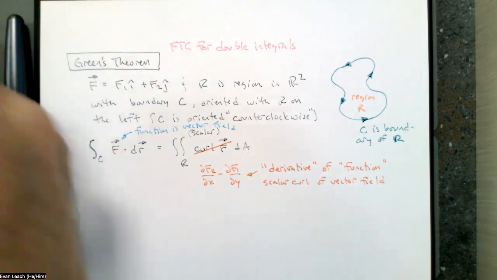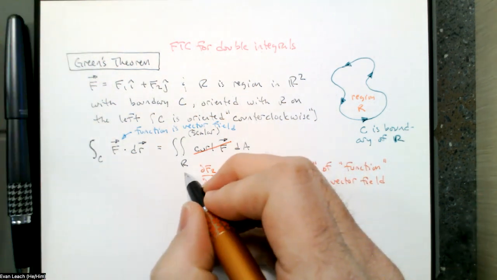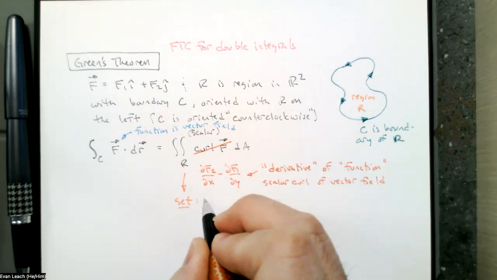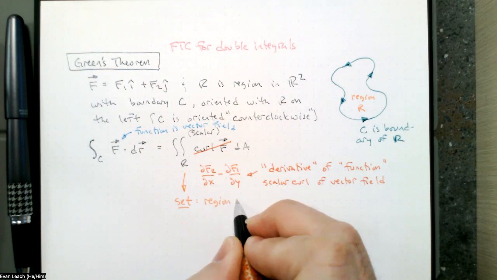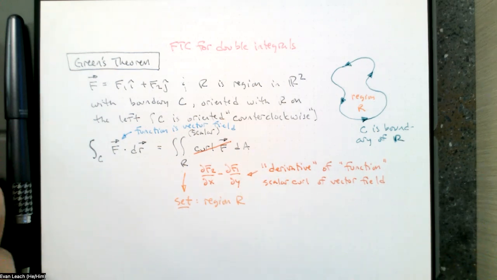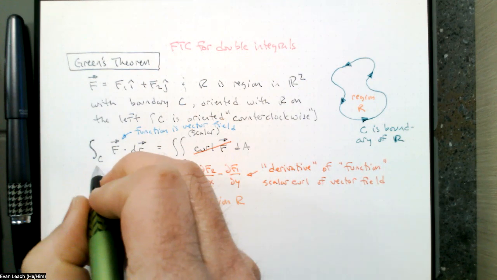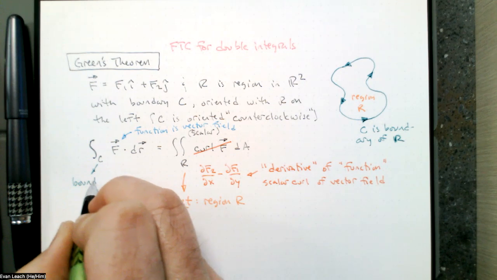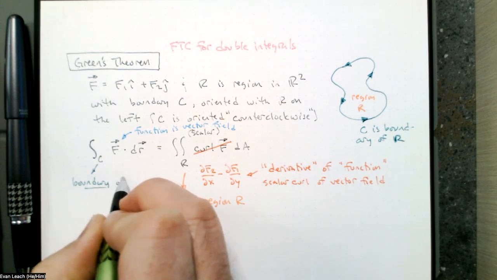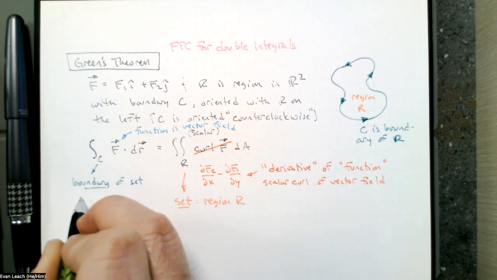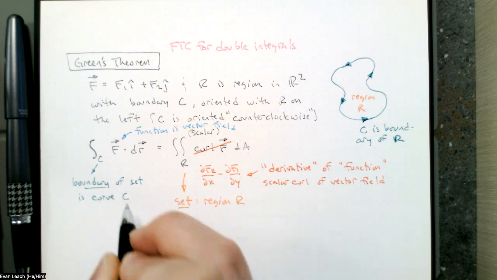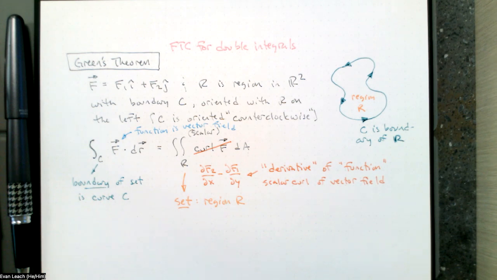So the region R is the set, and the boundary of that set is the curve C. Specifically for this to work, we have a closed curve.